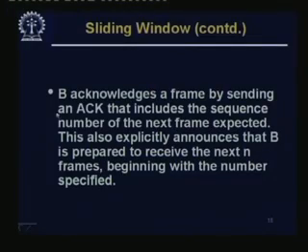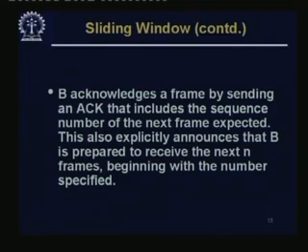So, B acknowledges a frame by sending an ACK that includes the sequence number of the next frame expected. This is what I mentioned as a slight variation. Instead of directly acknowledging a particular frame, let us say frame number 53, instead of sending ACK 53, it sends ACK 54.